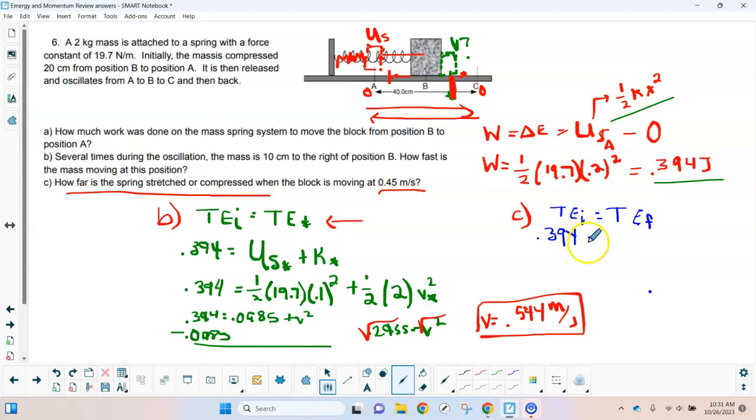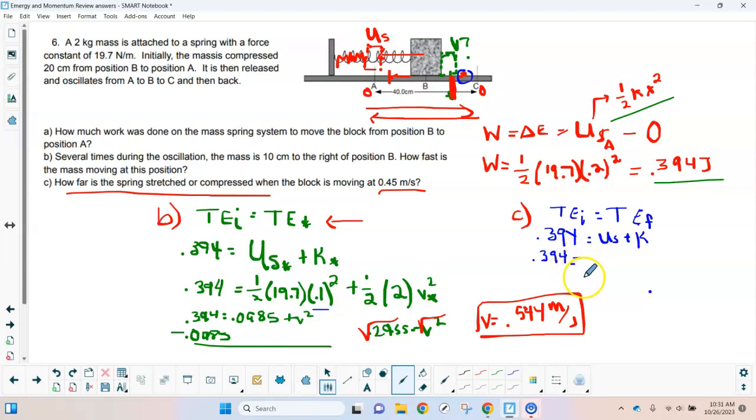And then we have to consider the energies that it has at this point. So at this point, it's got kinetic and potential again. So US plus the kinetic energy K. And instead of looking for velocity this time, we're looking for the X term, how far it's compressed or stretched. It doesn't matter if it's compressed or stretched, or if it's a positive or negative change in length of the spring.